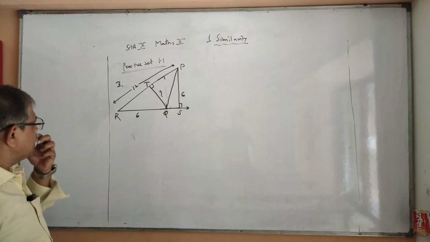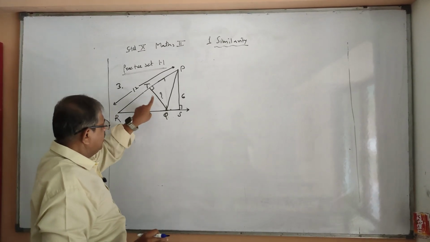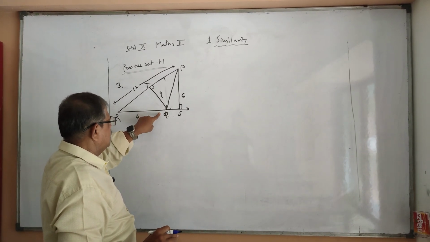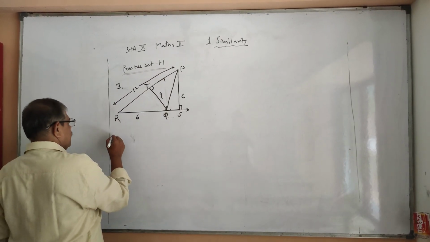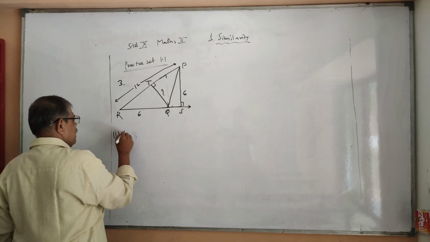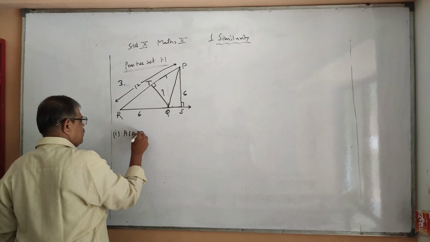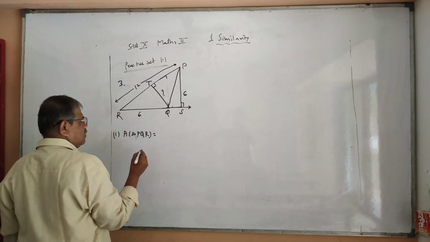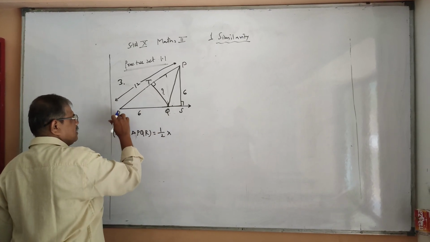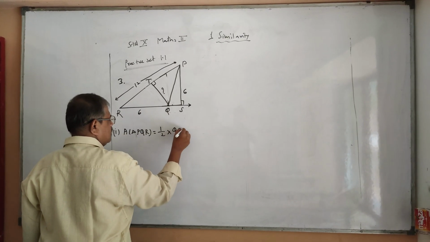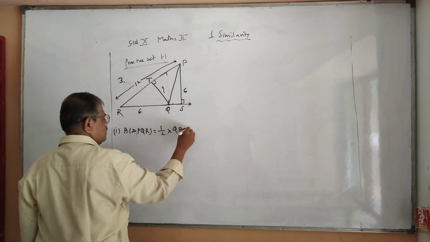So if you observe here, only one triangle is given, but in that triangle if you change the base, height will change. The first point I will say, area of triangle PQR is equal to 1 upon 2 into base into height. If I take base as QR, height is PS.